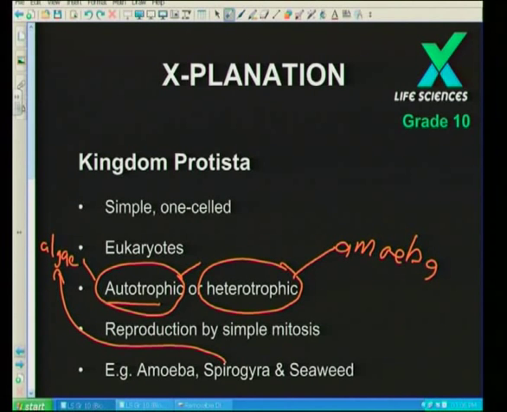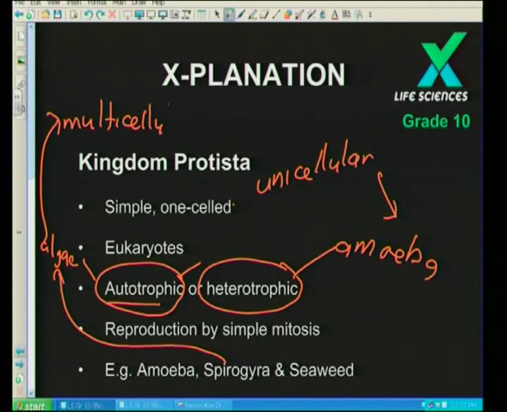So protista are single-celled. That means some protista are unicellular, like the amoeba, or they could be multicellular, like the spirogyra.